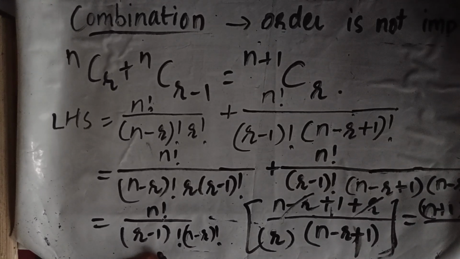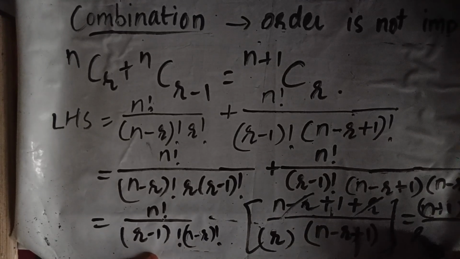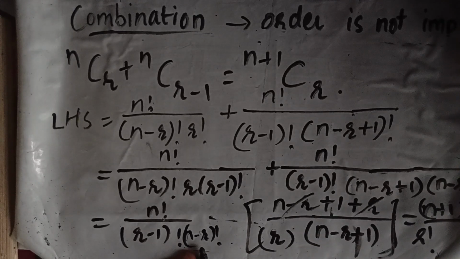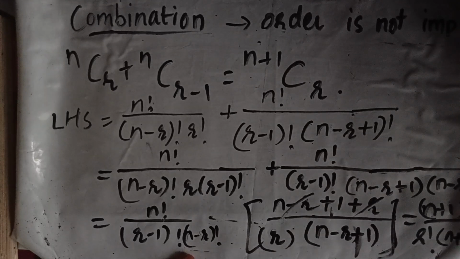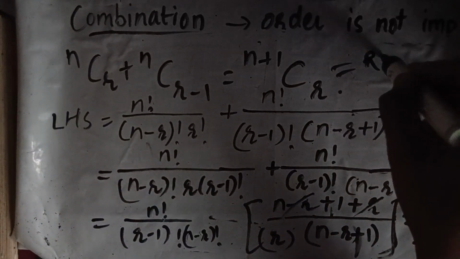Then r minus 1 factorial into r, this will be r factorial. Then n minus r into n minus r plus 1, this is n plus 1 minus r factorial. So you will get the RHS.